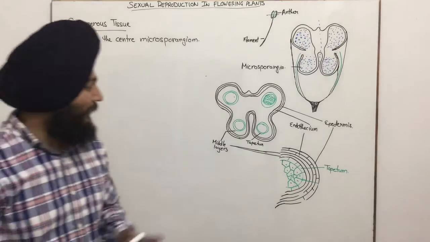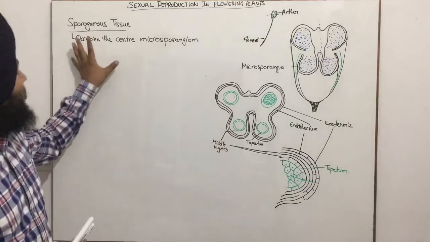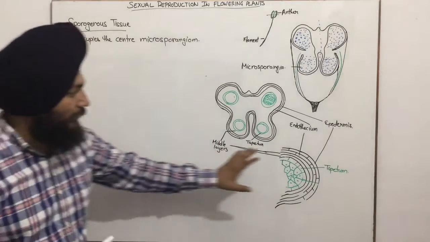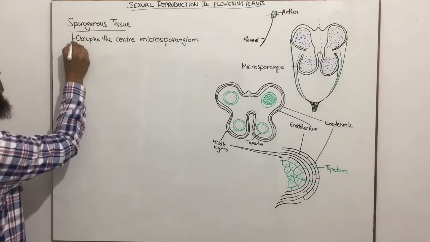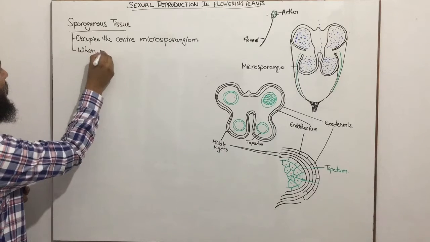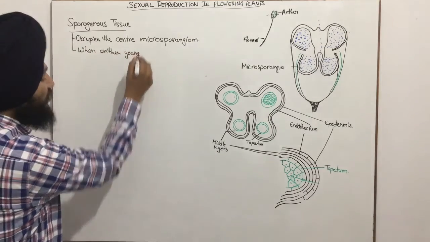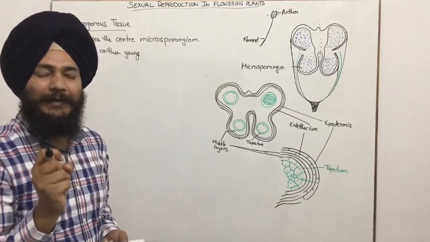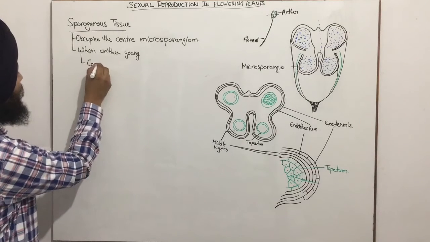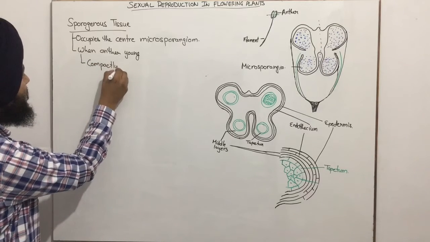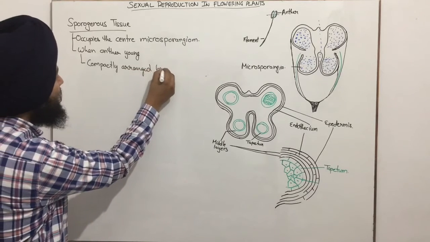And when the anther is young, the cells of the sporogenous tissue are compactly arranged. So the sporogenous tissue is made up of compactly arranged homogeneous cells.